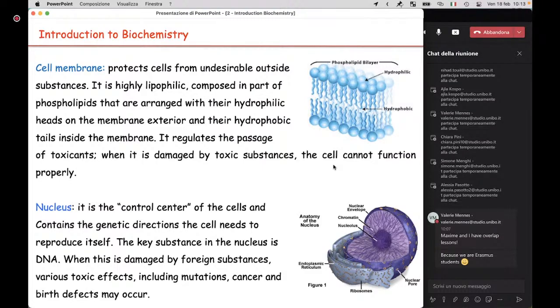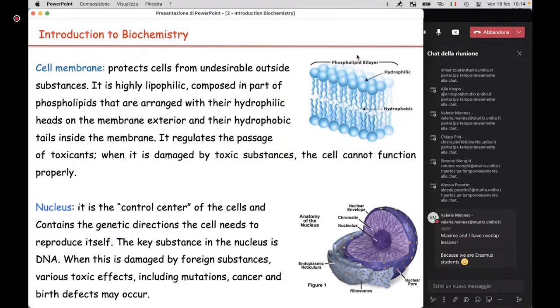Hydrophilic compounds can only enter the cell if there's some specific structure in the membrane that can take and transport that kind of molecules from the outer part to the inner part of the cell.